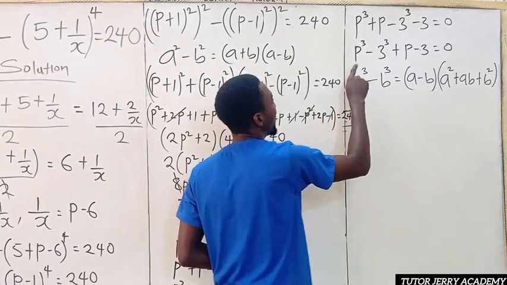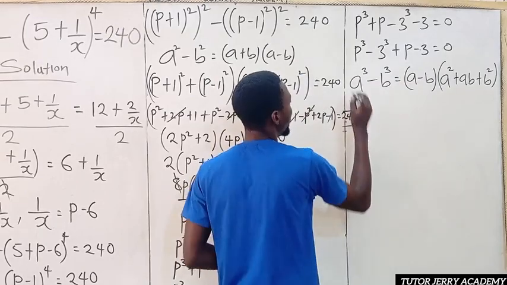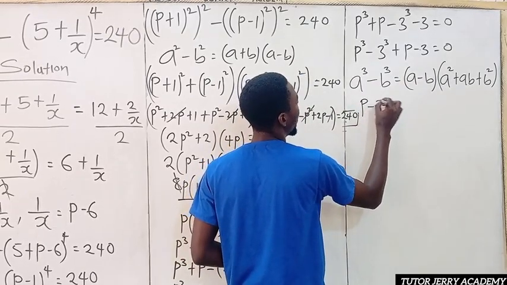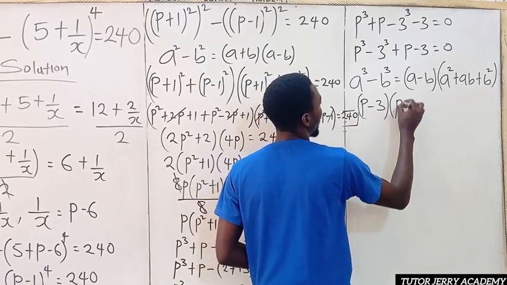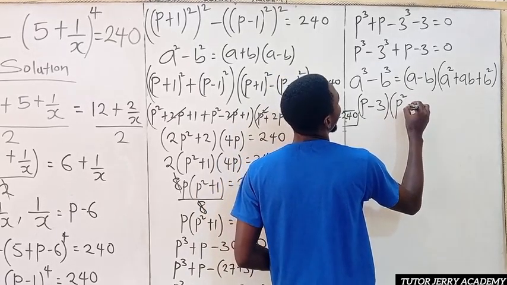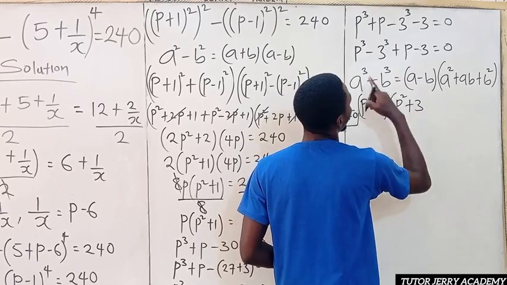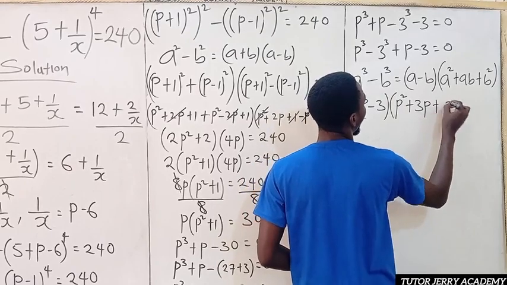Alright, so it means here we are going to have our p to be a and our 3 to be b. So it means this is going to be p minus 3 into what? Into p square. So p square. Then this is going to be plus 3ab, which is what? 3p. Then if you put your square on 3, that is 9.